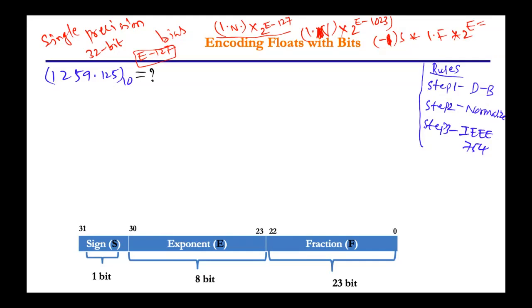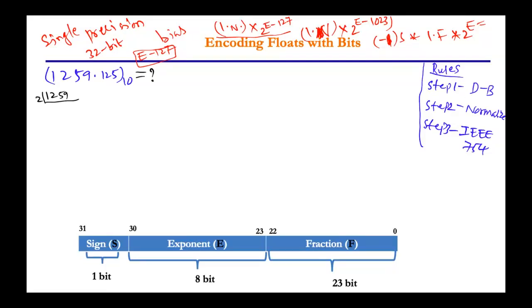As we saw in previous examples, the integer part is converted into binary by the division operation, and the fractional part by the multiplication operation. Now let us see the example of converting this one. In this, you can see how we converted 1259 into binary, using radix 2.